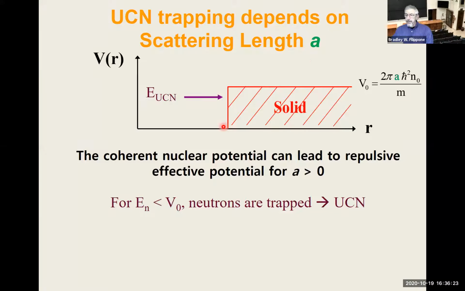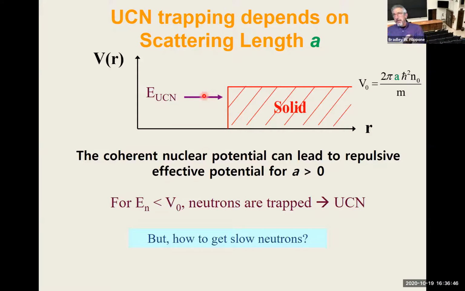So it's just a 1D quantum problem. If the kinetic energy of the neutron is lower than this effective potential, often called a Fermi potential, then the neutron will bounce. There'll be an evanescent wave inside the solid, and if it's thick enough, there will be no propagation of the neutron. And so you can trap neutrons inside a material bottle.